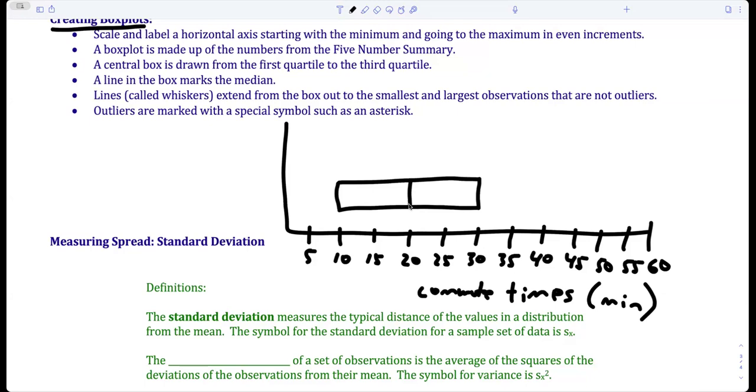I am going to extend a line from Q1 to the minimum, and then extend another line from Q3 to the maximum. What percentage of the data is contained in this line? That would be the upper 25%, because it goes from Q3 to the maximum. That makes sense?